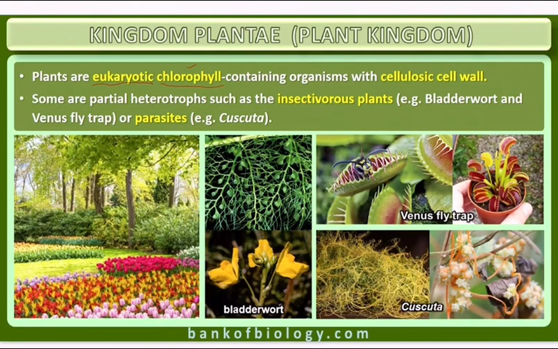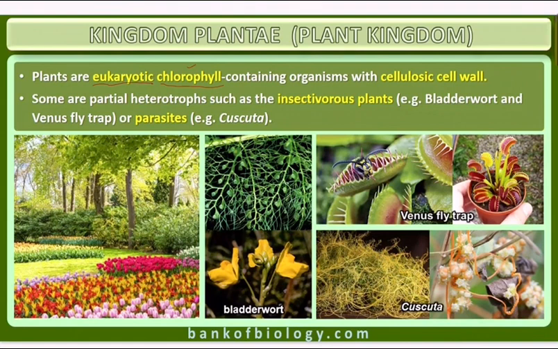So plants are eukaryotic, chlorophyllous, photosynthetic, multicellular organisms. A few members are partially heterotrophic, such as insectivorous plants, and some of them are parasites.